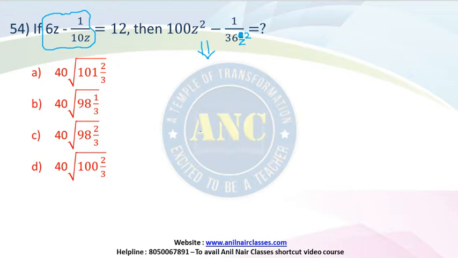Now see here, sir. Instead of thinking too much about it, this happens to be one of the easiest questions, because 100z square is nothing but 10z whole square, and 1 by 36z square is nothing but 1 by 6z whole square.